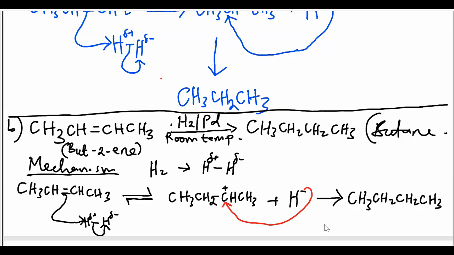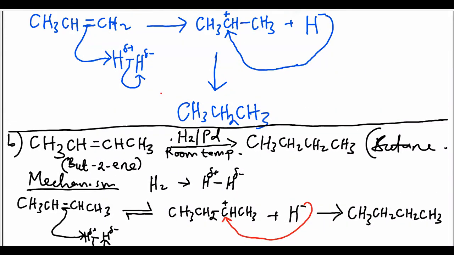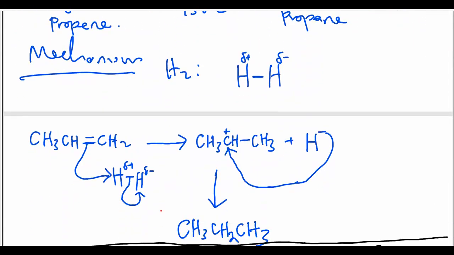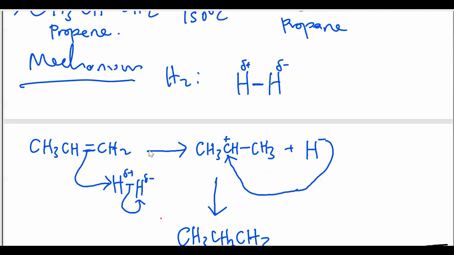Excuse me, sir. I'm inquiring about the other first example. And my question is, do we always follow the anti-Markovnikov's rule whereby the electrophile is added onto the carbon atom that has the higher number of hydrogen atoms?